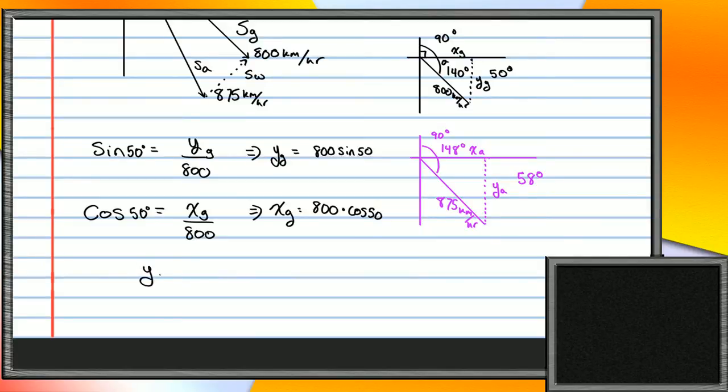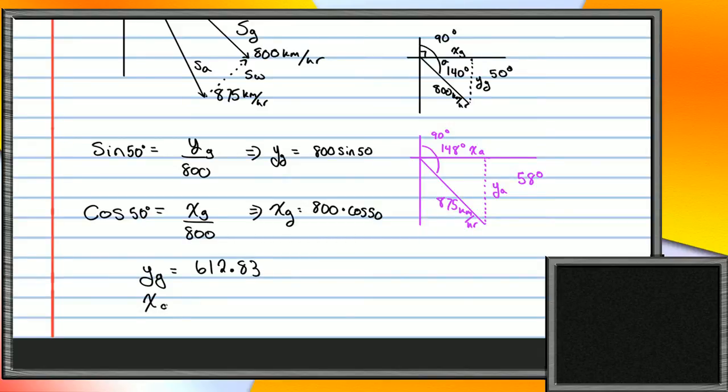So make sure your calculator's set in degrees and not radians, because that's a major factor right there. We'll have 800 sine of 50, that is 612.83.